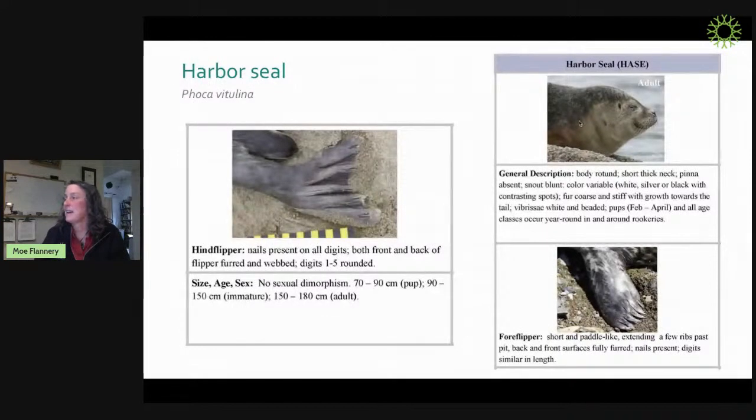And you can see that nice rounded face of the harbor seal. So on their hind flippers, the two outer digits of their hind flippers are longer than the inner digits, and that makes kind of a V shape in the harbor seal. And you can see on the harbor seal hind flipper that there are nails there, and that'll be important when we get to the northern elephant seal.